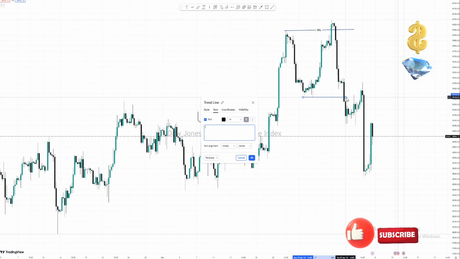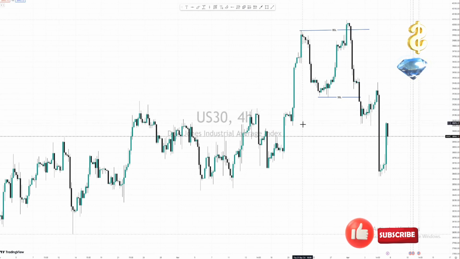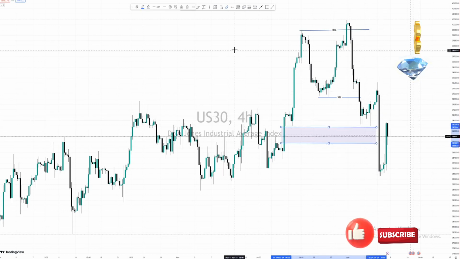For me personally, I found out how do you know that price will come lower? Look at the presence of imbalance here. That is like a double confirmation that price will come lower. Okay, presence of this imbalance here. So here is also sell side liquidity right here.